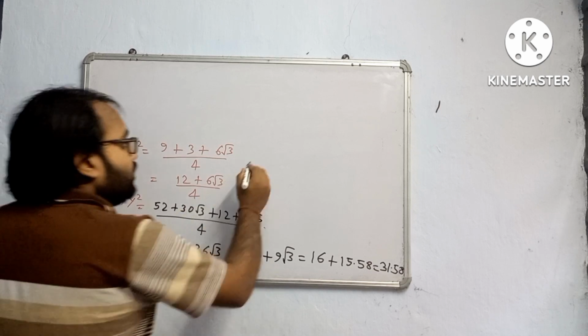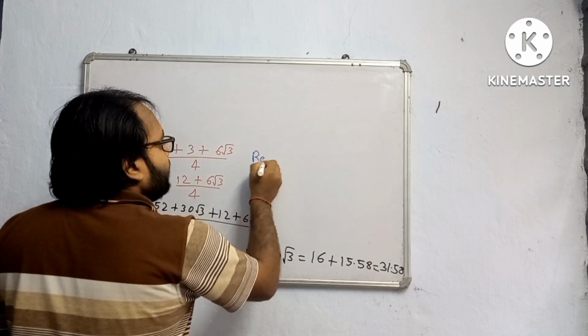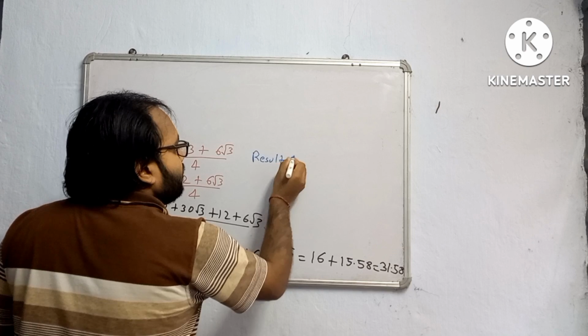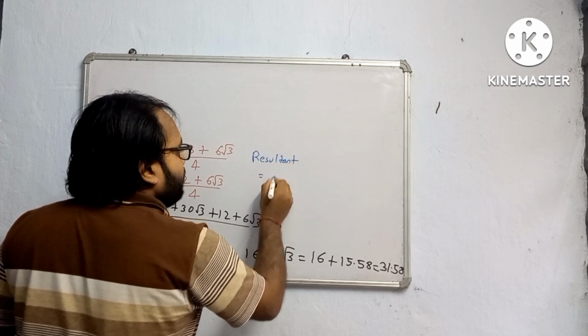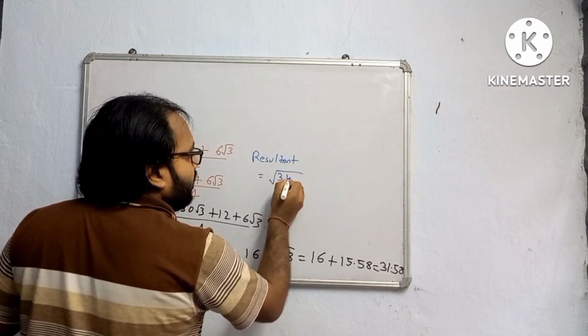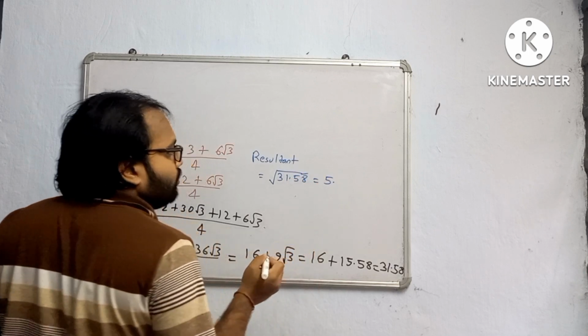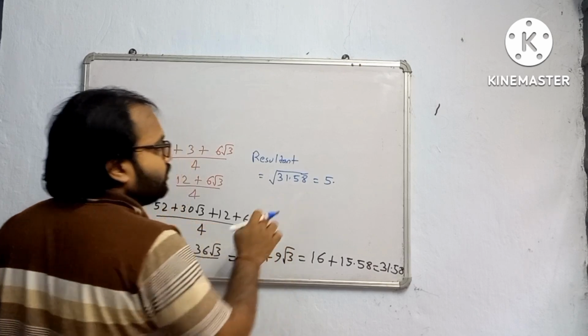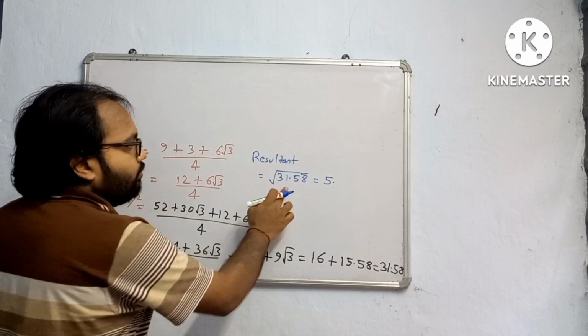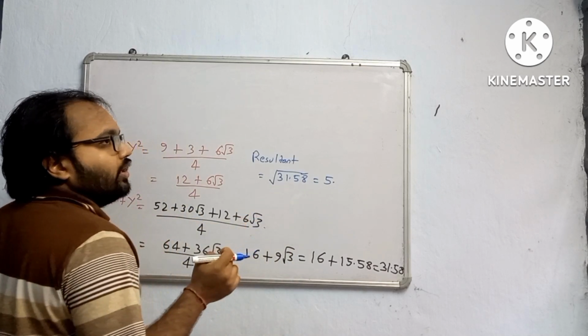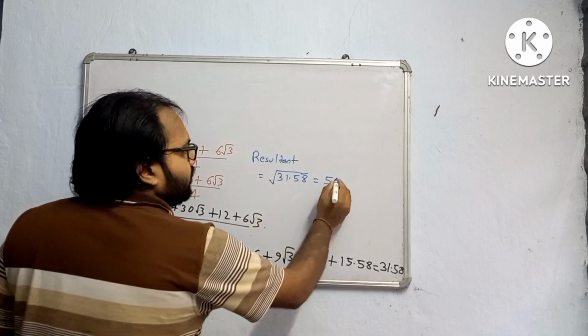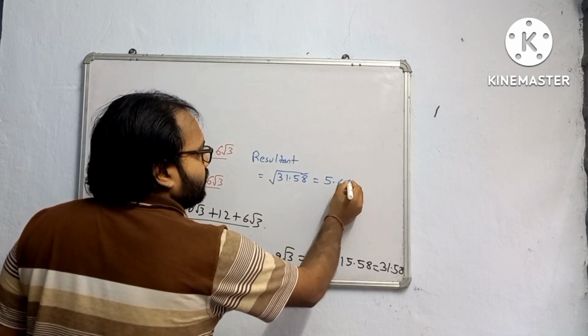So what will be root under? That means resultant is equal to root under 31.58, which will be equal to 5 point something, because 5 5s are 25, 5.64 I think it will be.